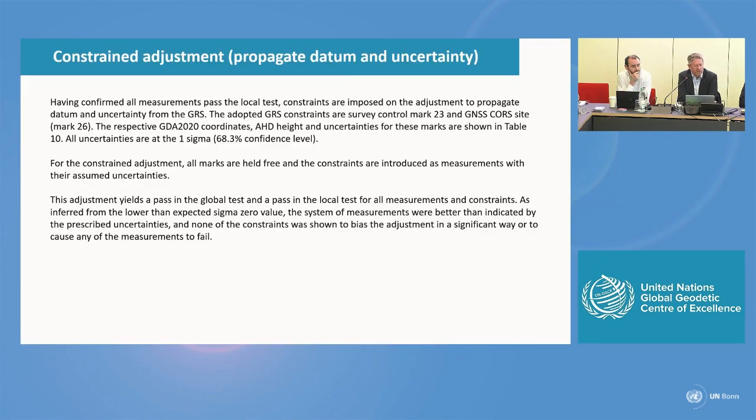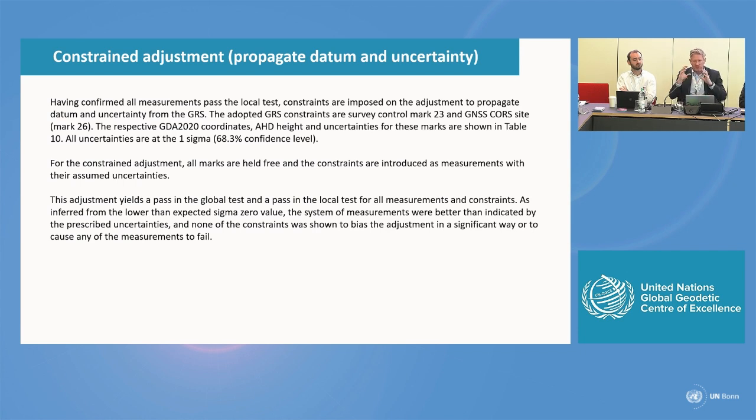So having confirmed that all the measurements pass the local test, you can then apply the constraint upon the adjustment to propagate that local test information through to a global adjustment. And the adopted GRS constraints, or your national datum constraints, are then propagated through the rest of the network.